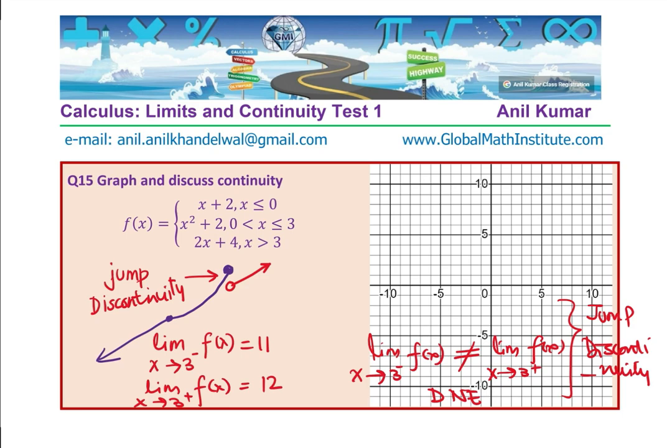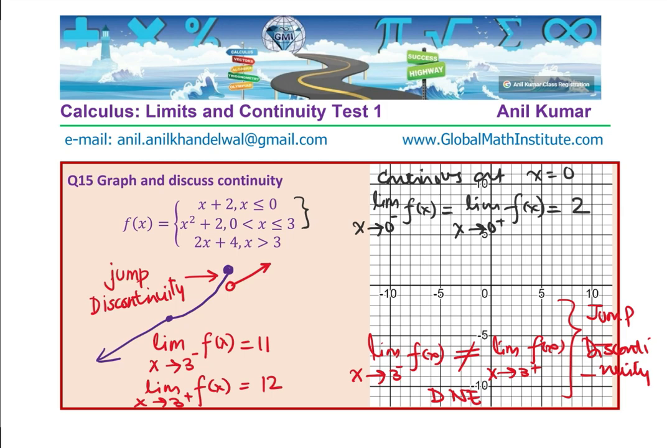Now let me also write down why it is continuous at 0. It is continuous at x equals 0, since the limit as x approaches 0 from the left side is equal to the limit as x approaches 0 from the right hand side, and both values are 2.